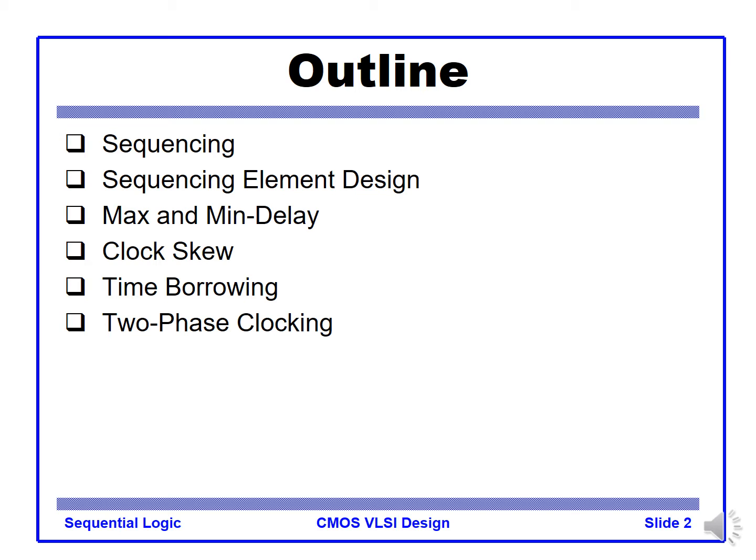The critical sequencing element is like a flip-flop, such as the memory. So it requires some history. Depending on the history or current state, you respond differently to the current input. So we will see what would be the sequencing element and how we design it.